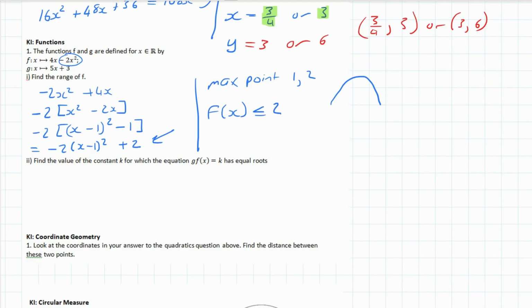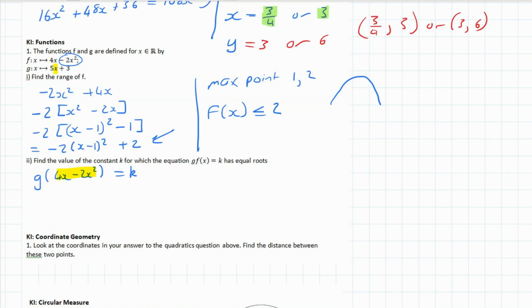So what we do is we first of all make our composite function. So we're going to put into g this 4x minus 2x squared. I'm going to put that into g and it should be equal to k. Now this value is inserted for every x value in g(x).